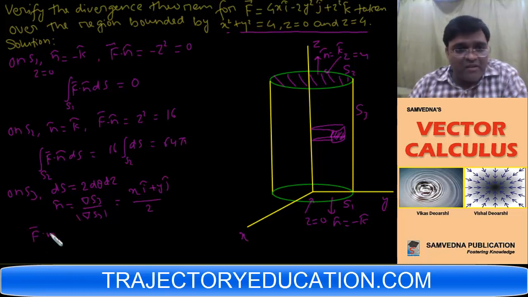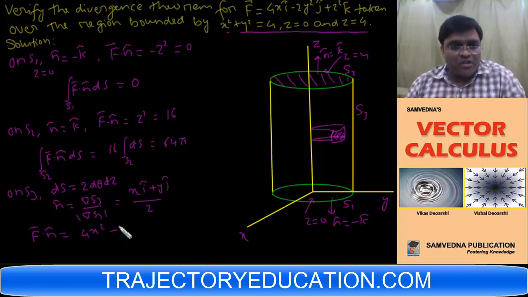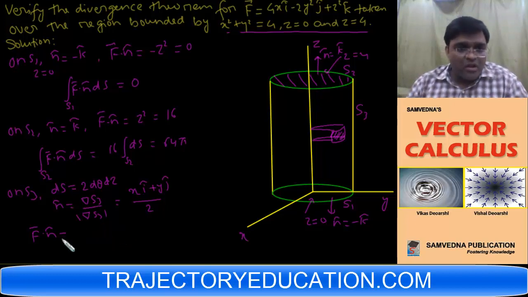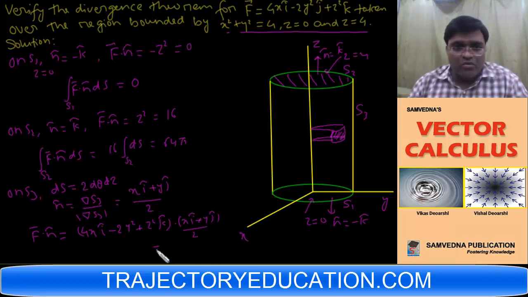So f dot n comes out to be (4xi minus 2y square plus z square k) dot (xi plus yj) upon 2.